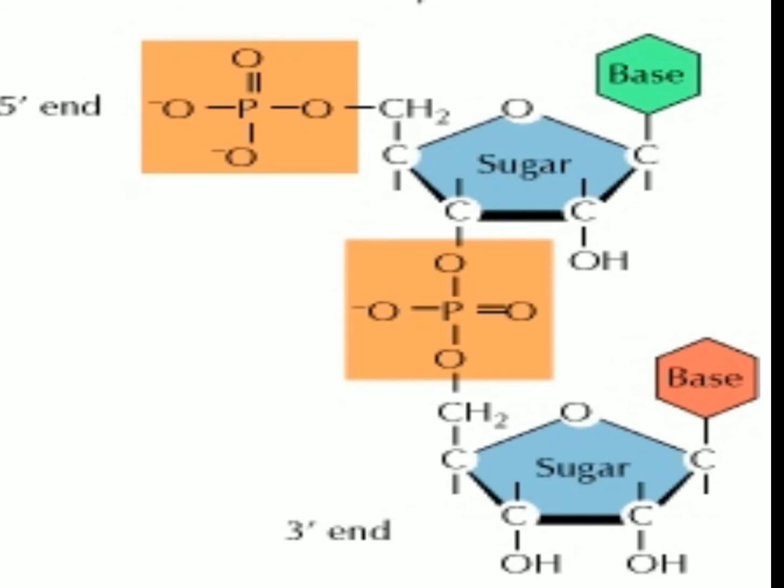Similarly, at the other end of the polymer, the ribose has a free 3'-OH group, which is referred to as the 3' end of the polynucleotide chain. Let me make it clearer: two sugars are connected by the phosphate group, and in one sugar it is connected with the third carbon atom, whereas in the other sugar it is connected with the fifth carbon atom, thus forming a 5'-3' linkage.